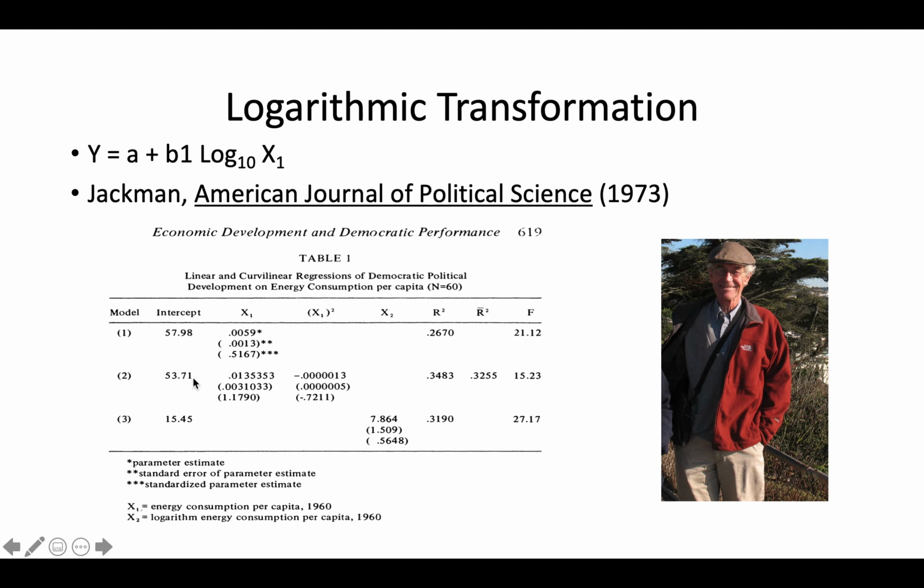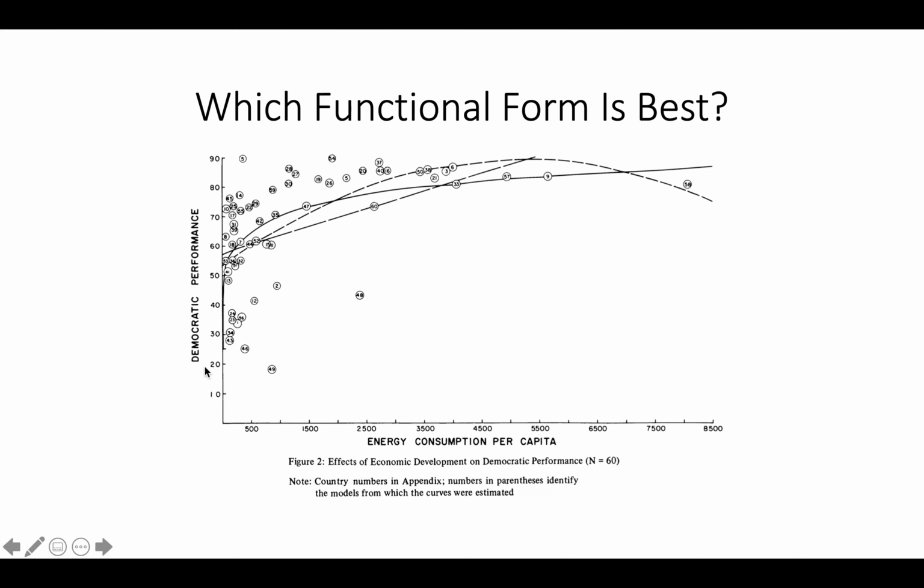The y-intercept is actually rather high in both the linear and the parabolic. And you can see the y-intercept with the lines drawn in: this is the linear relationship, this is the logarithmic relationship, and this dashed line here, that's very curvy, is the parabolic relationship.